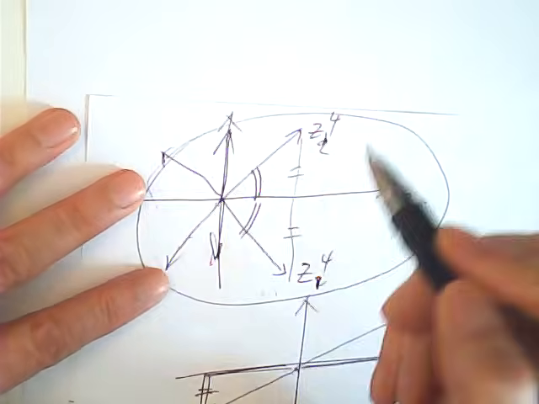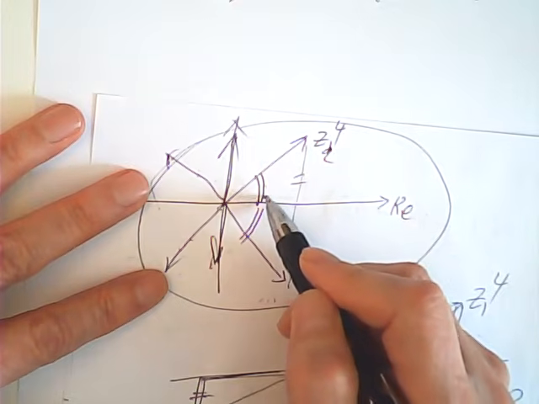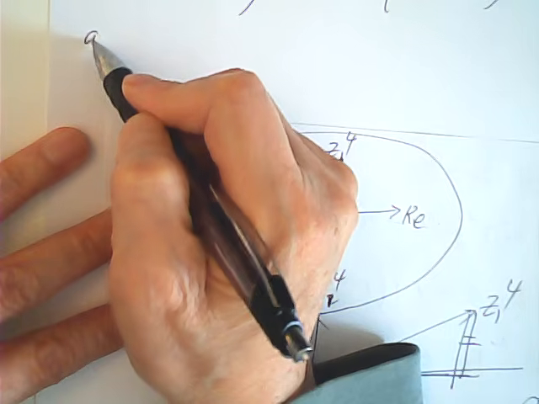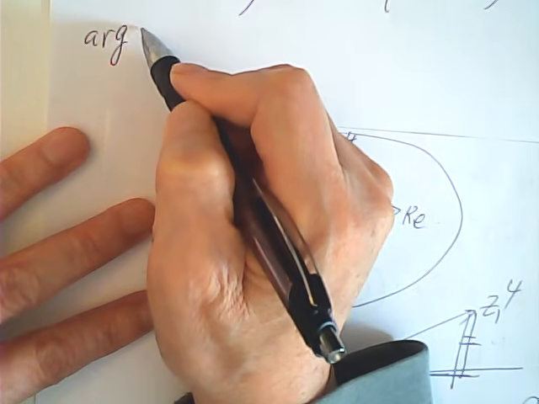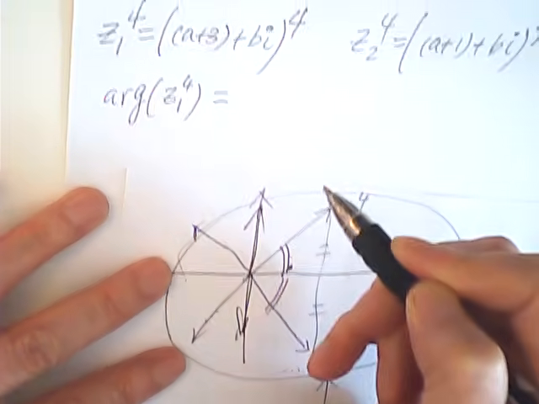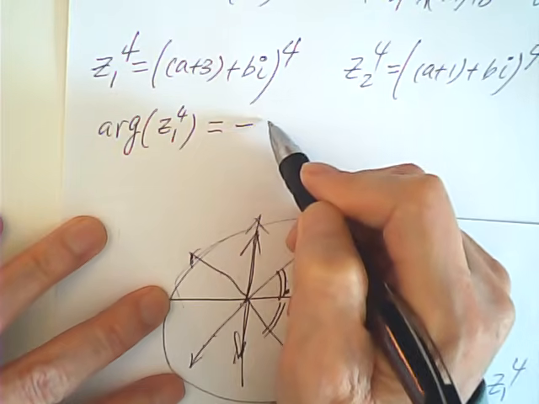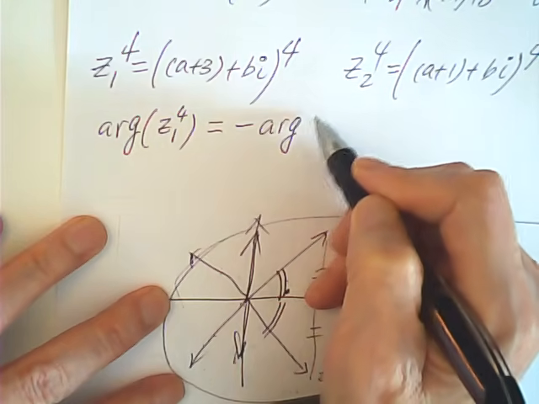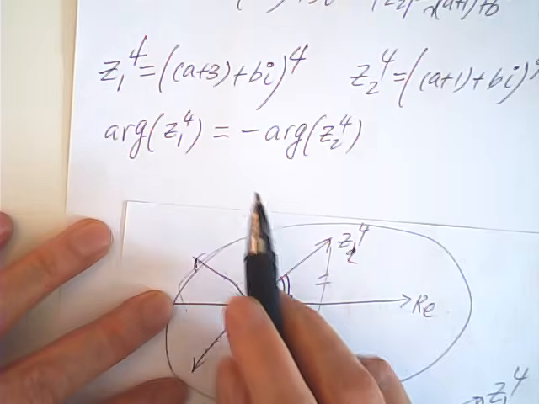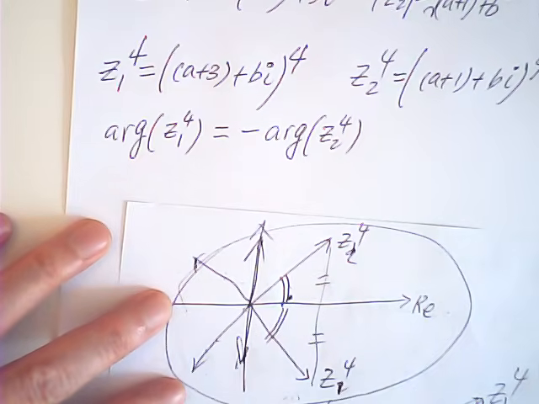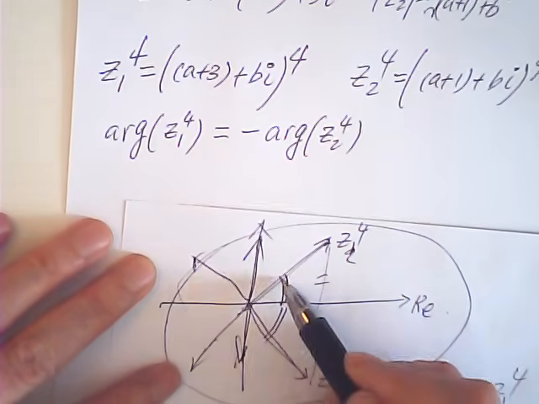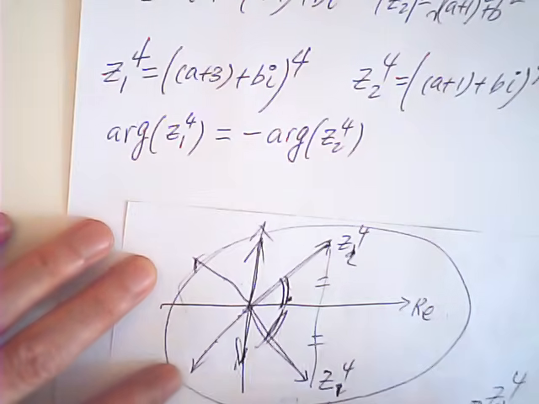That means this argument, which is the argument of z1 to the fourth, must be equal to the negative argument of z2 to the fourth. That is what I want to conclude. This one, that one, the angles must be negatives of each other.